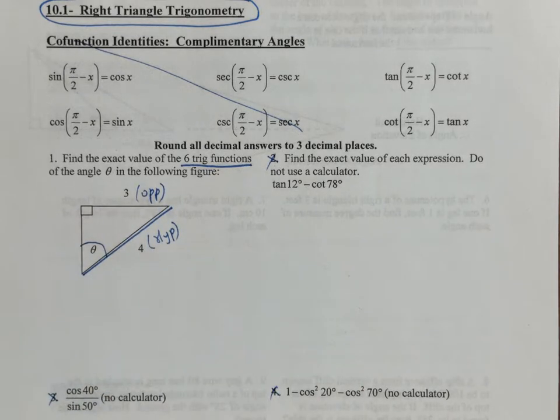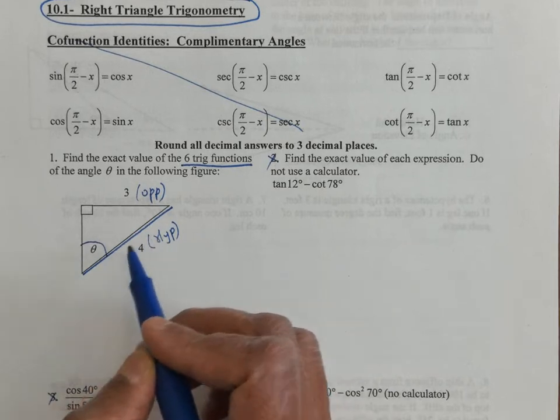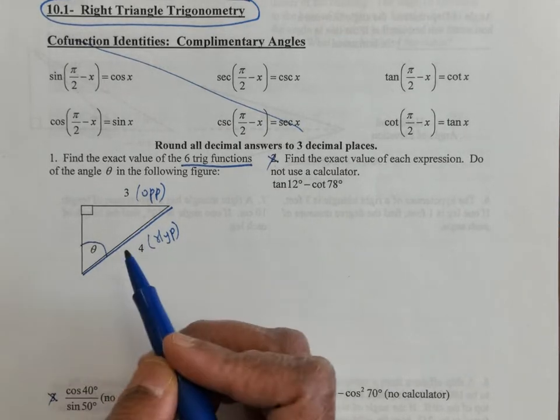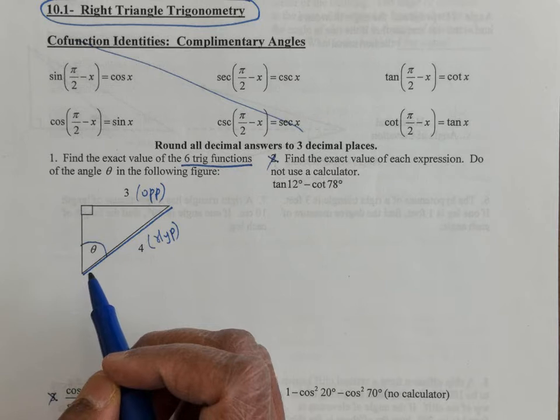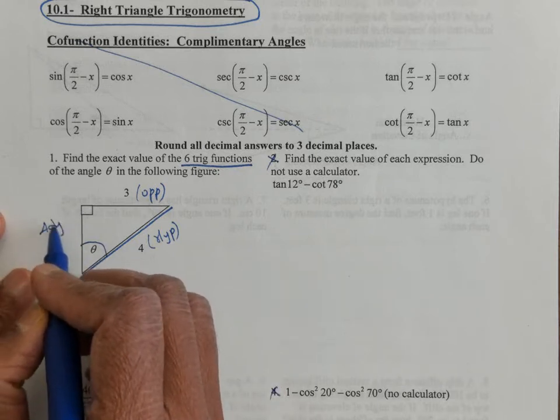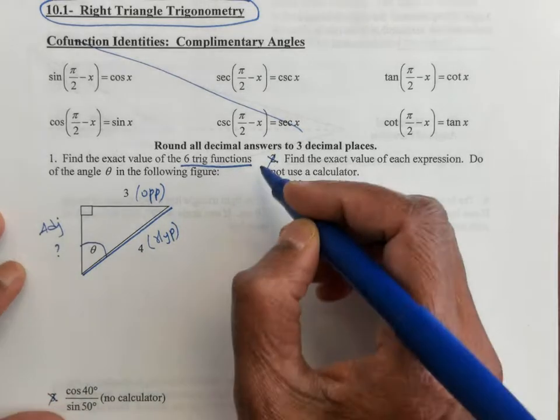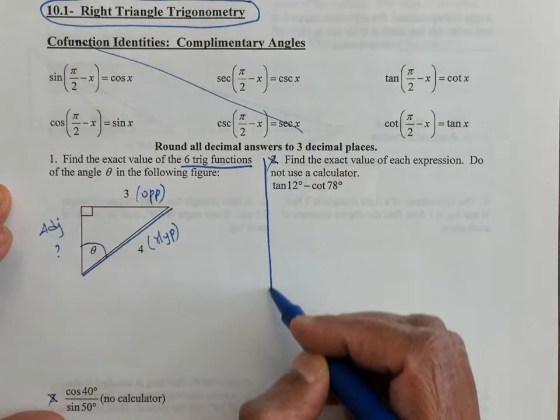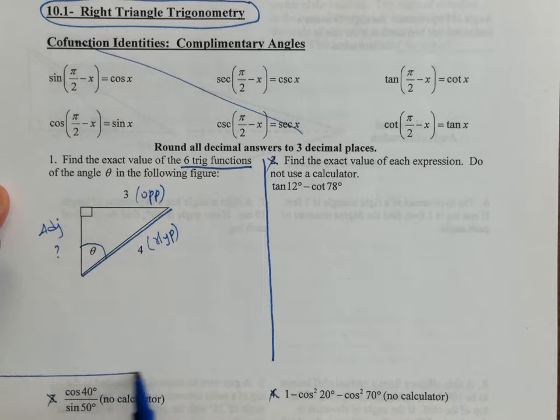Whenever you have a right triangle and you're trying to work with it, go ahead and mark the sides as opposite, hypotenuse, adjacent, depending on which angle is theta. The side that's missing is the adjacent side, and that's what I'm going to calculate, because to write all the 6 trig functions, I need to know all 3 sides. How do you find a missing side in a right triangle given 2 sides?